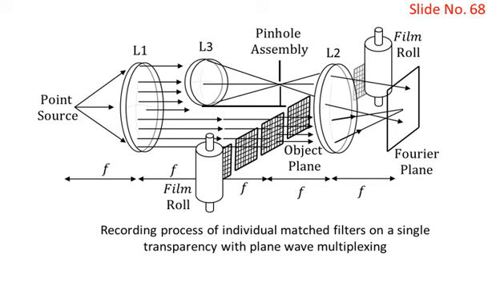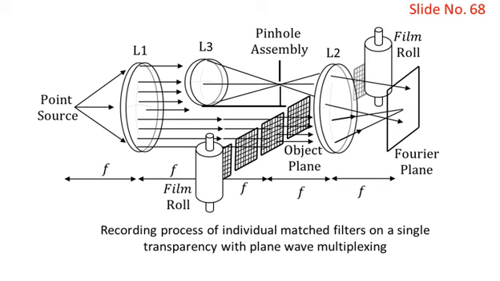So when we move the L3 and pinhole assembly up and down, we can change the angle of the plane wave outgoing from the lens L2. This is the way we can do the plane wave multiplexing, just by moving the assembly of L3 and pinhole together, because they are fixed together.